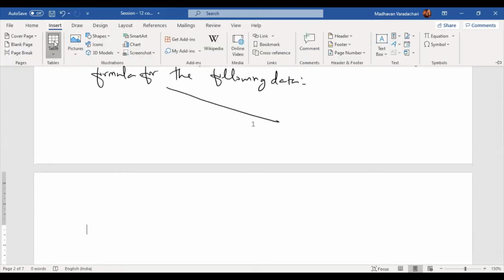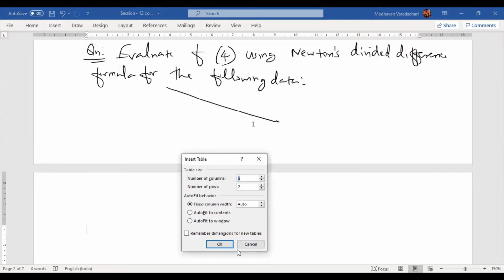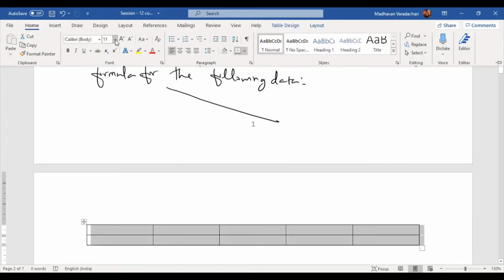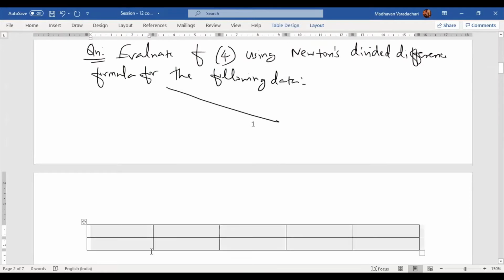We'll create 2 rows and 5 columns. So here x, this is f of x. 0, 2, 3, 6.